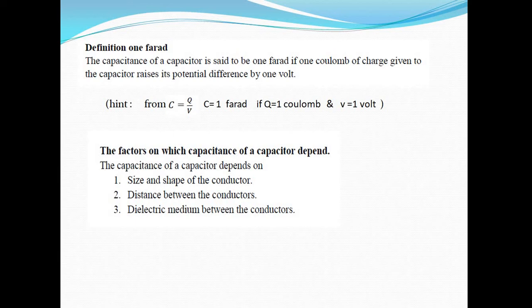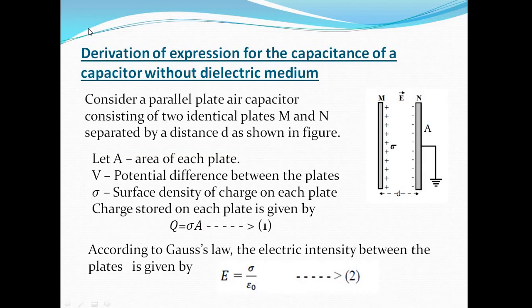Okay, the distance between the conductors and the dielectric medium also matter. It depends on these factors, students. Okay, the definition of farad or definition of SI unit of capacitance, define farad or define SI unit of capacitance, both are the same, students, and the factors on which the capacitance of a capacitor depends. Okay, we'll go to the next concept.